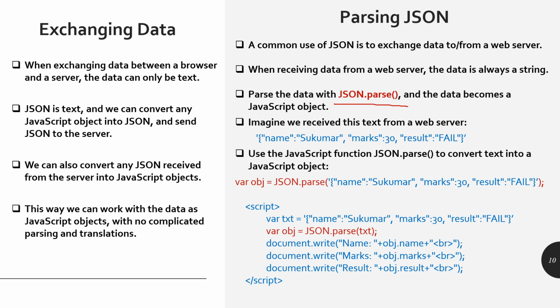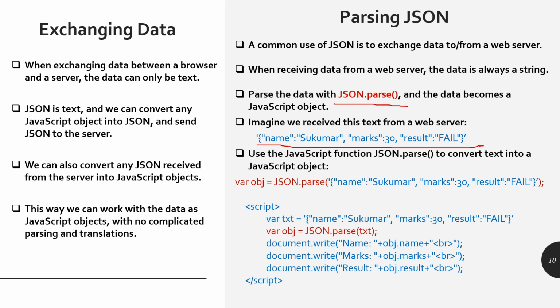For example, assume that we have received a text from the server like this, that is name value pair, name like this, again another one. So the entire text we have received like this. So we need to convert this thing to JavaScript object.